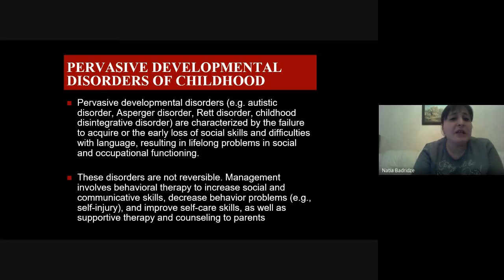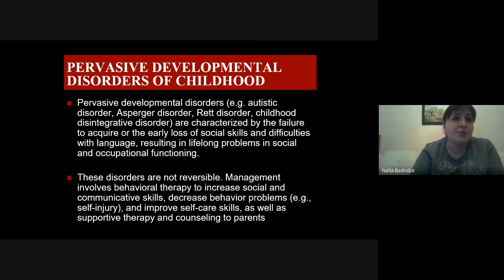So, pervasive developmental disorders are characterized by the failure to acquire, or early loss of, social skills and difficulties with language, which results in lifelong problems in social and occupational functioning. So these disorders are irreversible, and the management of these disorders involves mainly behavioral therapy to increase social and communicative skills and decrease behavioral problems like self-injury.